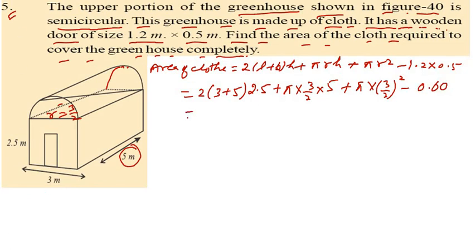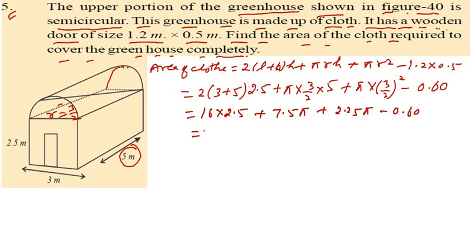Now multiply to this one, so 5 into 2.5 and plus, how can we say, 5 3s are 15 and by 2, that is the 7.5 pi, plus here 3 3s are 9 and divided by 4, so how much, it becomes 2.25 pi and minus 0.60.